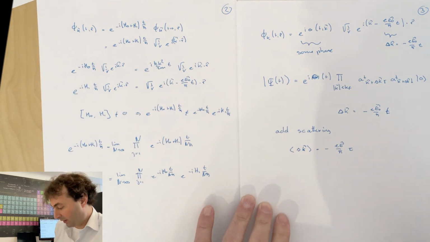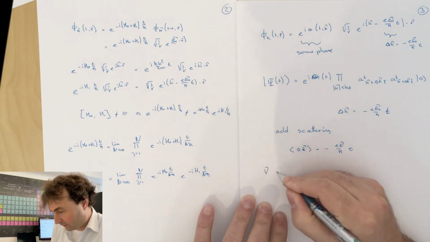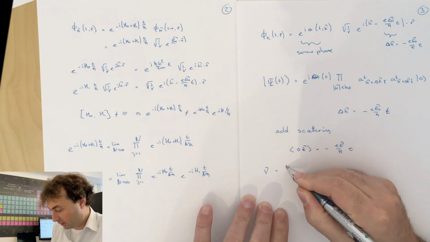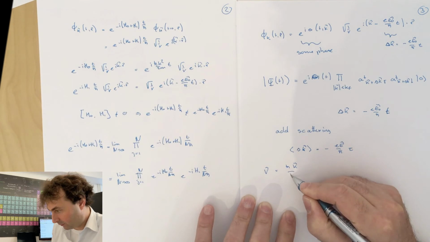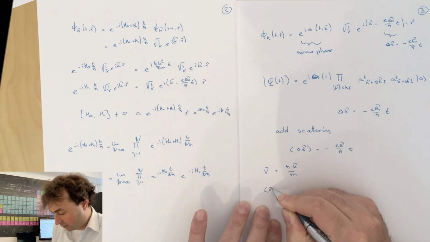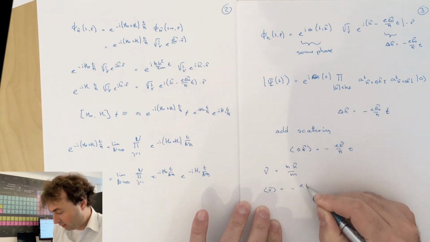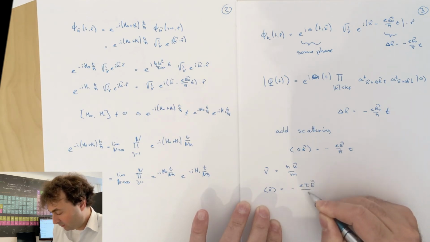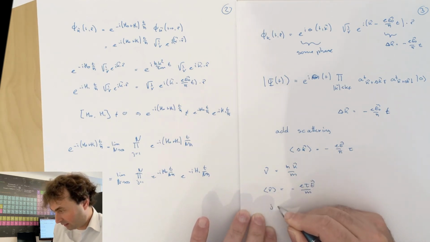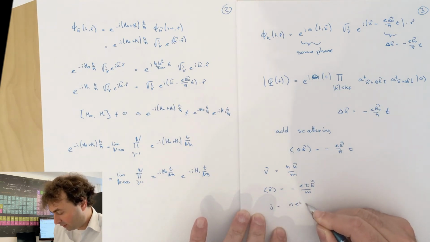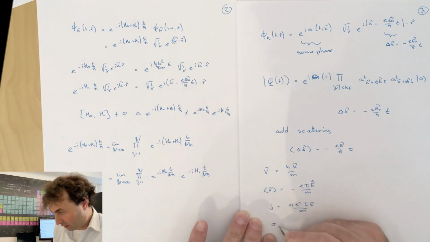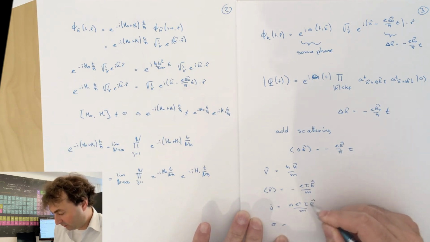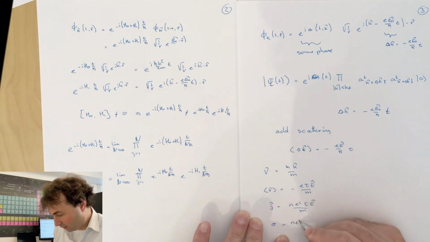Well, we're now already back to the results we had. In the Drude model, we can calculate the velocity as h bar k over m. So the average velocity is minus e tau E over m. With that we can calculate the current, and e squared tau E over m. And the conductivity, which is just a prefactor here, which is n e squared tau over m.